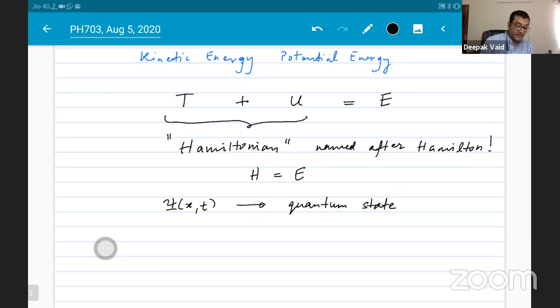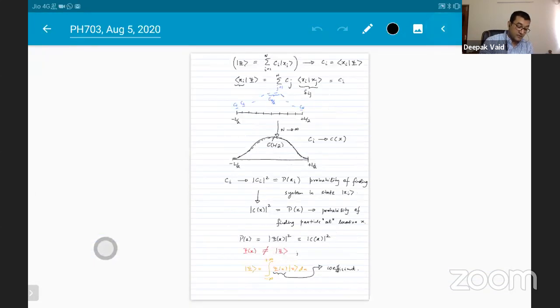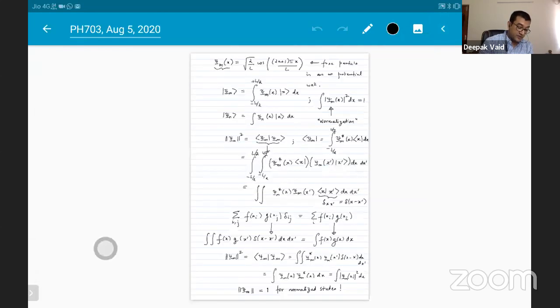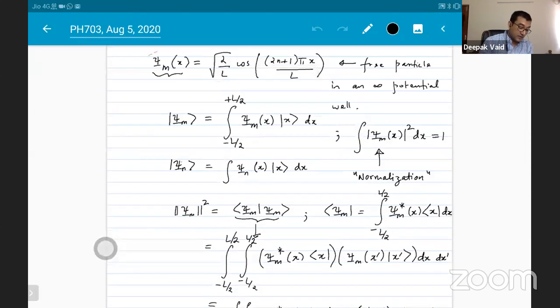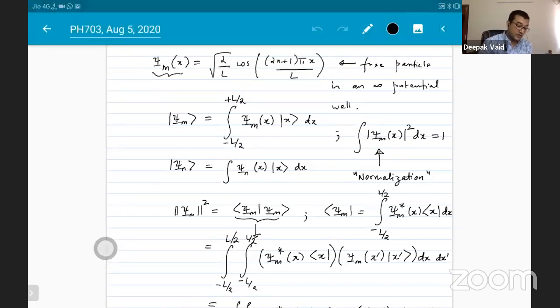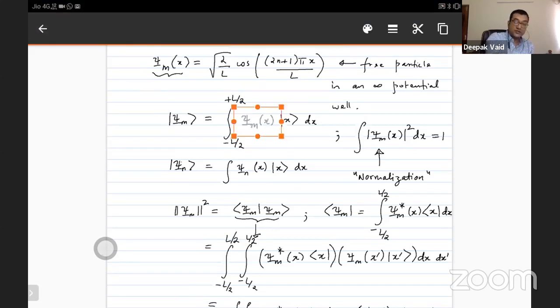In fact, it's a vector, a state vector. And remember, in the previous class, we talked about how if you have a continuous function, such as something like the cosine function, this function actually represents the components of a vector.